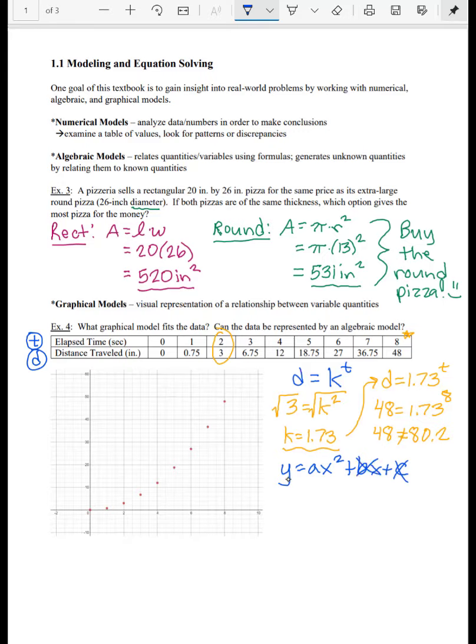So really, we would just try to come up with an algebraic model of y equals some sort of constant times our independent quantity squared. So if we change it to the variables in this problem, we would say d equals k times t to the second power.